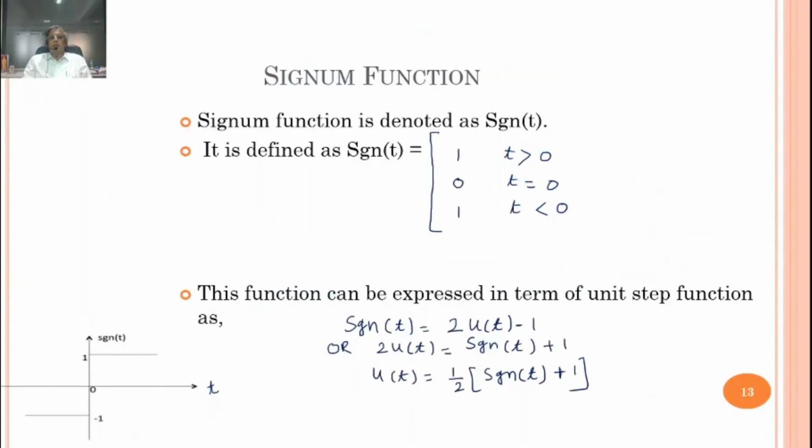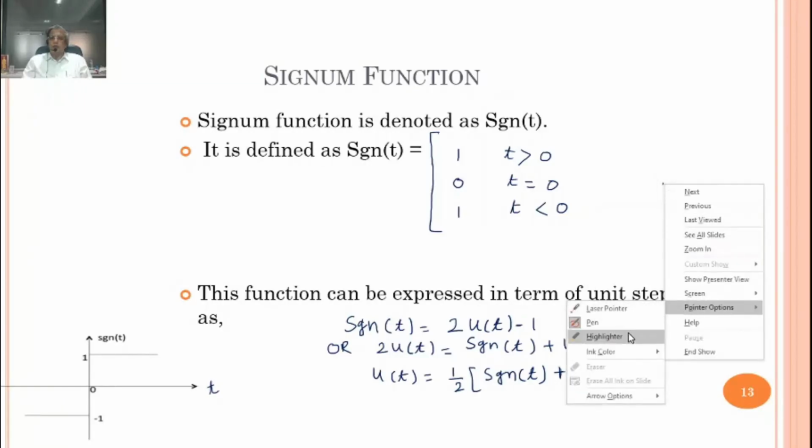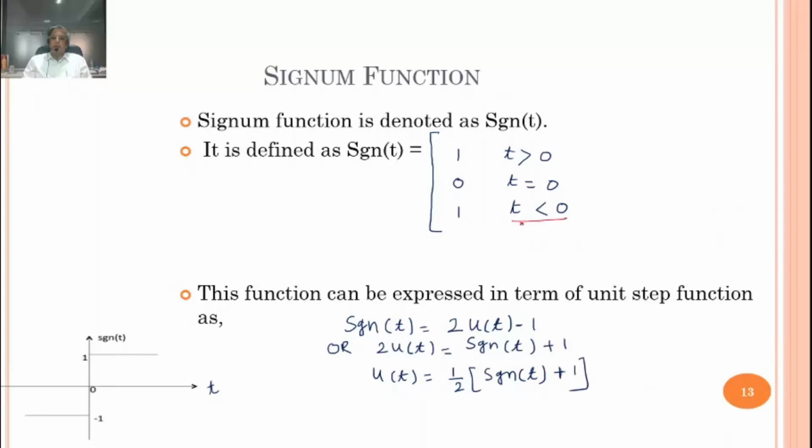Then the next one is the signum function, and the signum function is defined as: the amplitude of this function is 1 for t greater than 0, and this value is 0, that is, between plus 1 and minus 1, that value is 0 at t equal to 0, and this value becomes minus 1 for t less than 0.